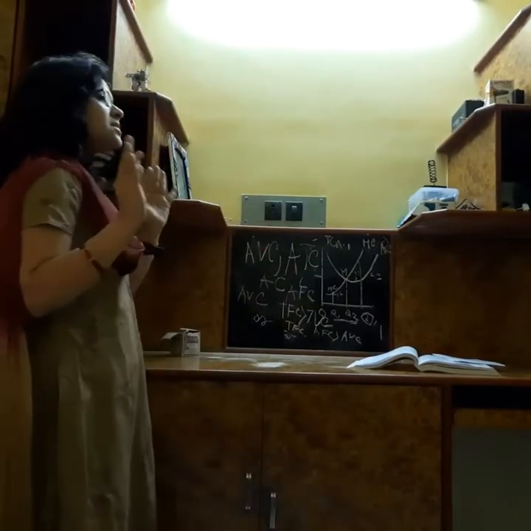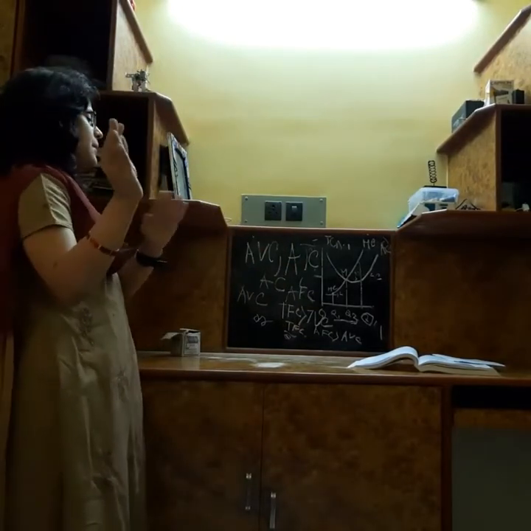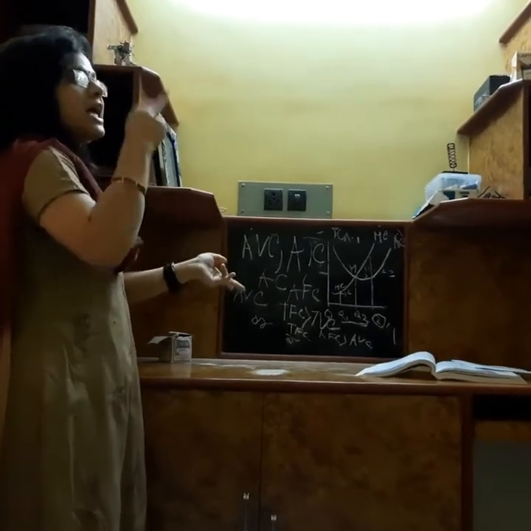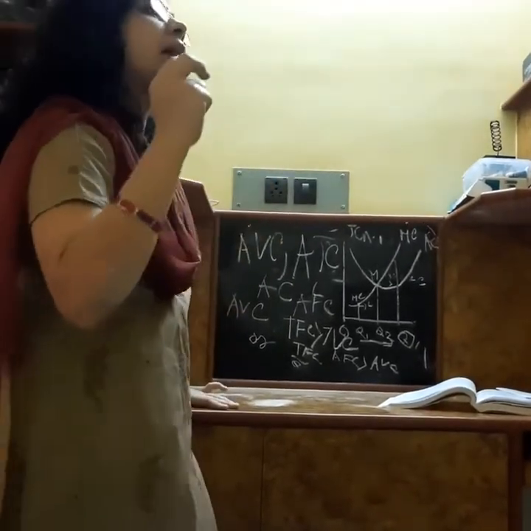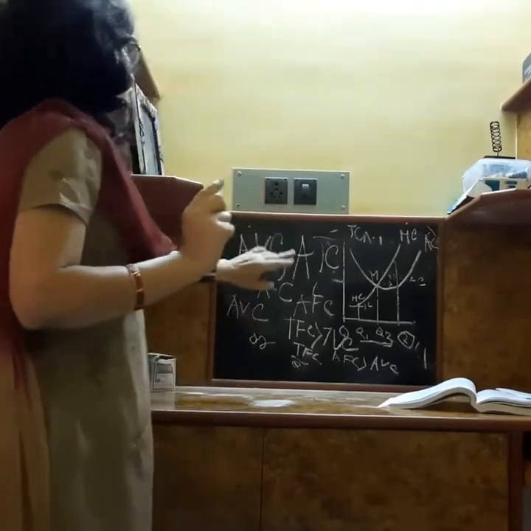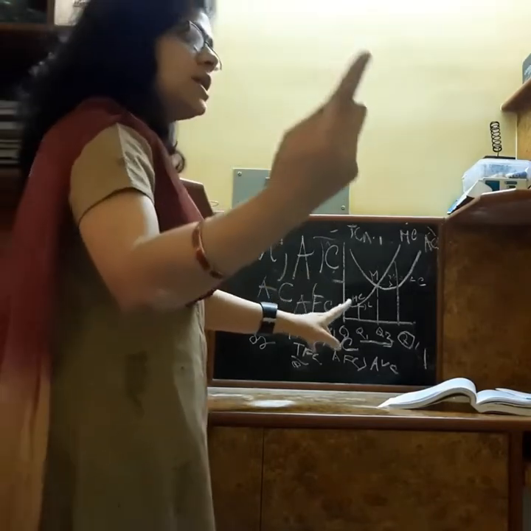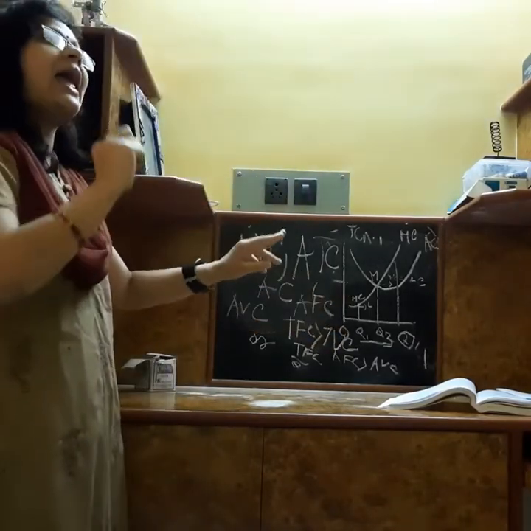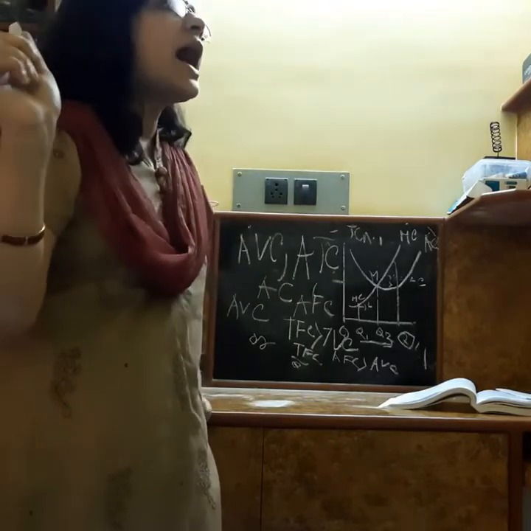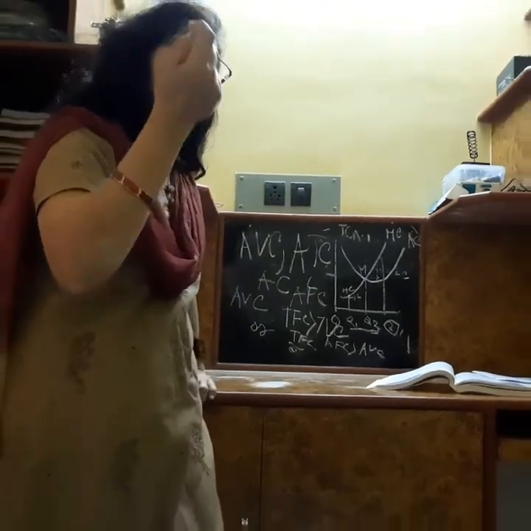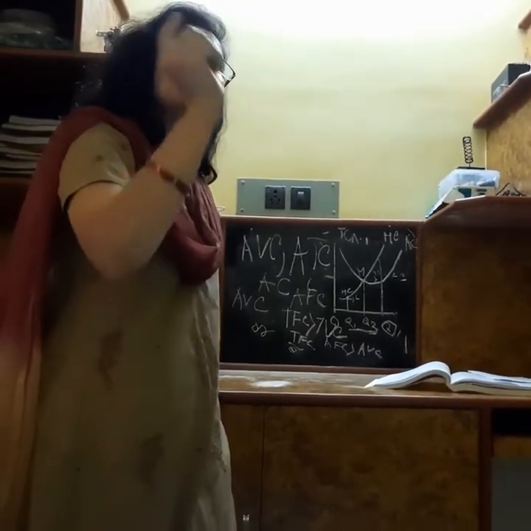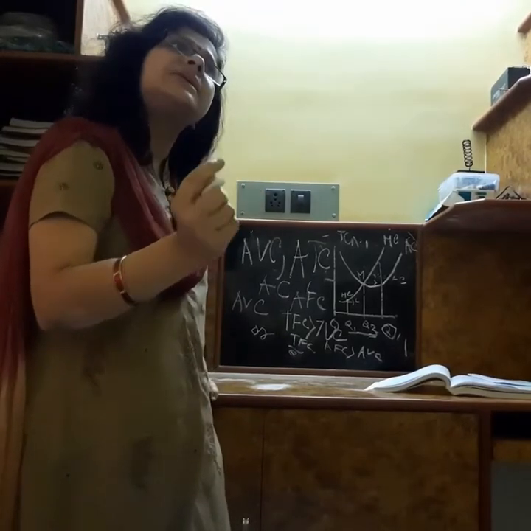But after a certain point of time, what will happen? The value of AVC crosses AFC, meaning the value of AVC will be greater than AFC, because we know AFC is a falling curve, because AFC is nothing but the average of TFC. As TFC is constant, the value of AFC is falling.